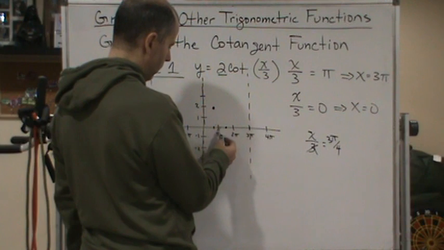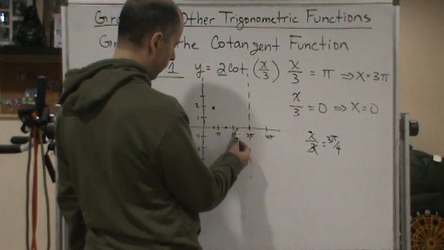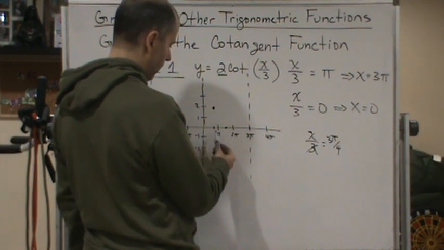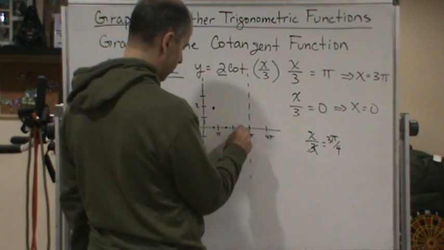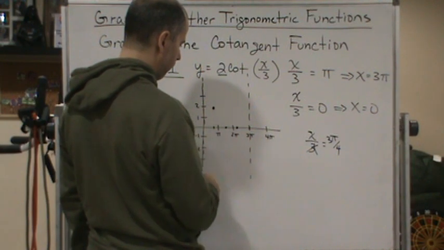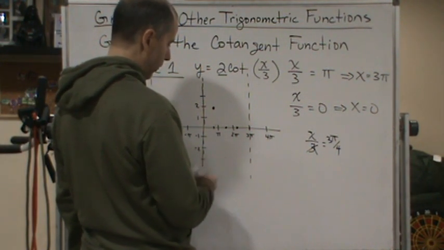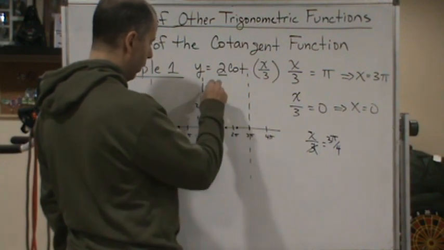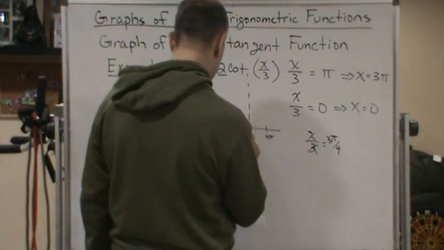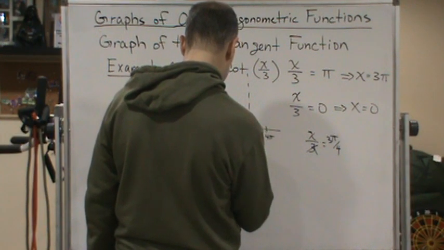It's going to be 3 fourths plus 3 fourths, that's 6 fourths. So if I go 6 fourths, it's going to be right about here, and that's going to be at 9 fourths pi, or 9 pi over 4. So now we know that it's good. Let's plot this one, so that one's going to be right here then.